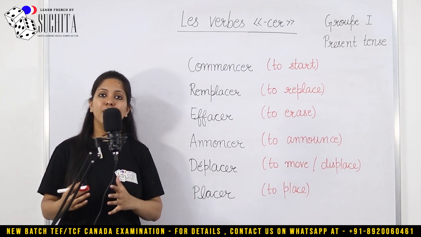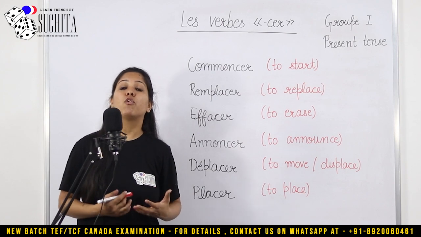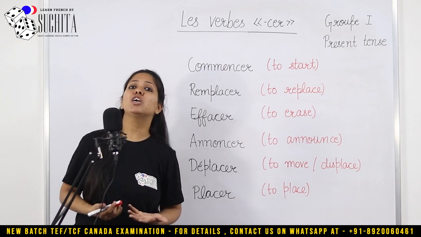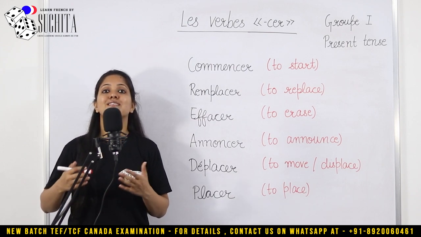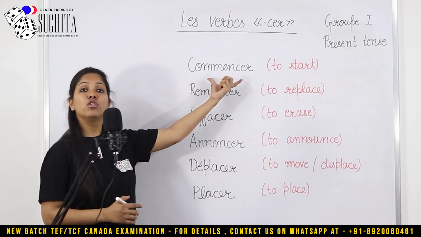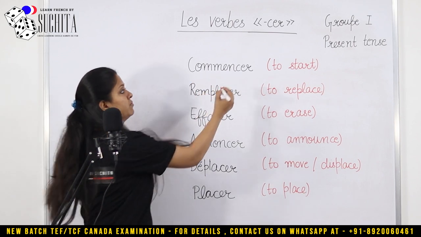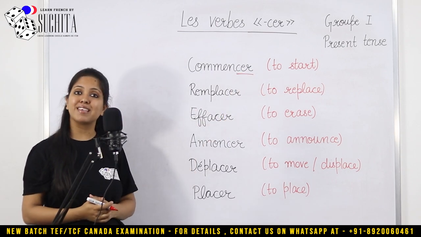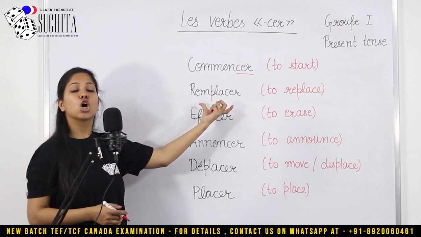Now, a few examples I have written in front of you for CER verbs. Why are they called CER verbs? Because their infinitive forms end with CER. The first one, commencer, to start, to commence, to begin.